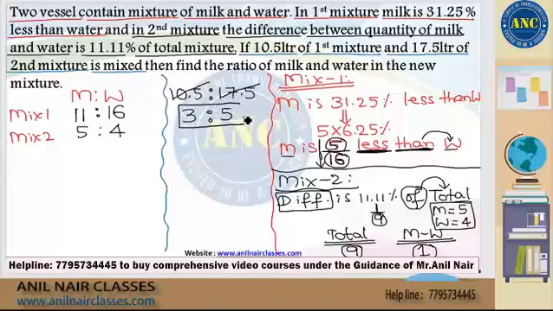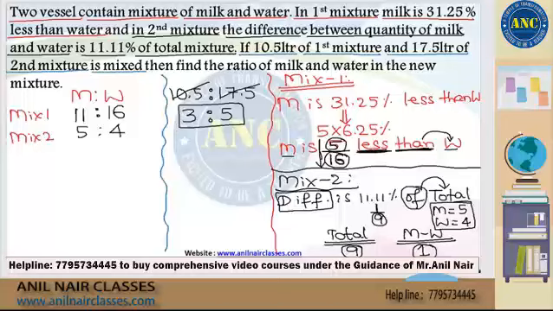That means in our previous question they were saying directly that both the mixtures are mixed in the ratio 3:5. Instead of saying that directly, they are indirectly saying it. So you can convert it like this: mixture 1 and mixture 2 are mixed in the ratio 3:5. Then find the ratio of milk and water in the new mixture.